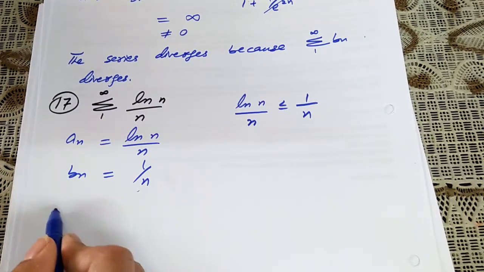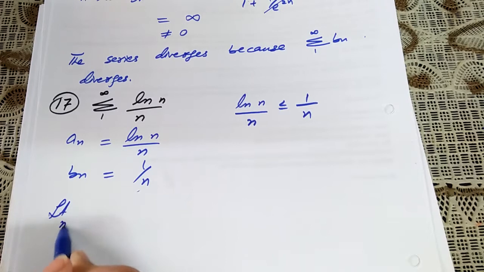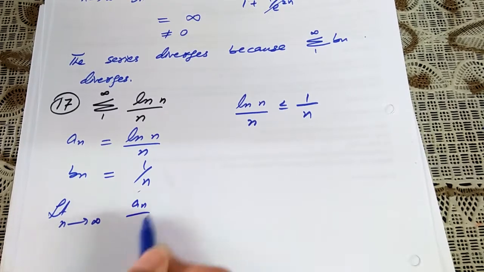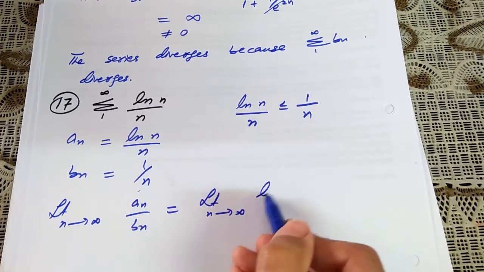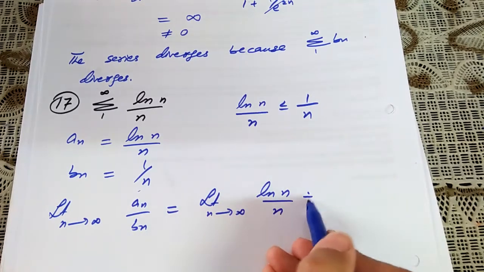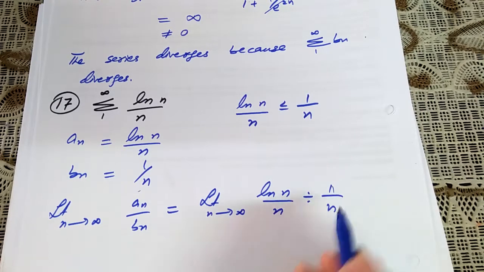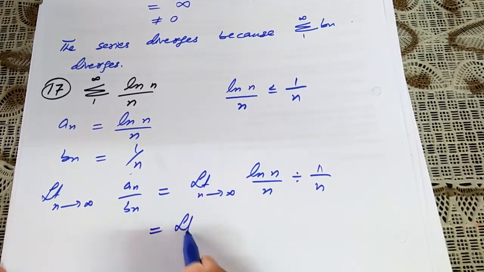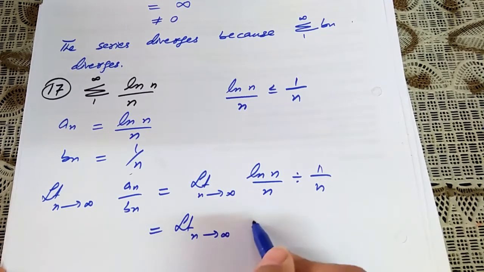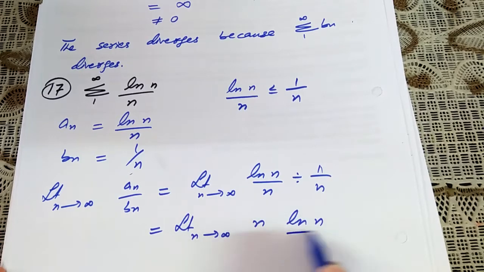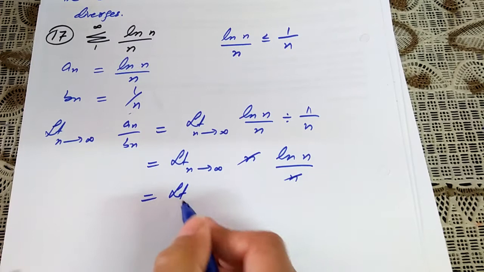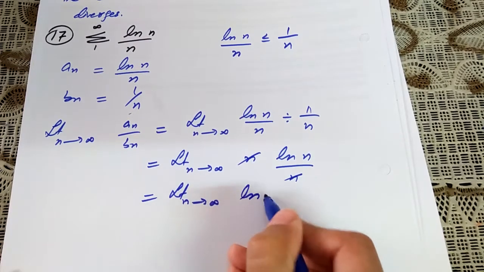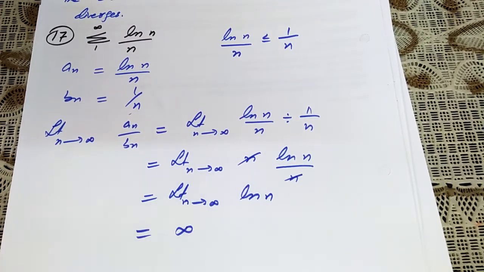Now for using the limit comparison test, limit n approaches infinity an over bn is equal to limit n approaches infinity, an is ln n over n divided by bn is 1 over n. So here we will get limit n approaches infinity n ln n over n. This will be cancelled. We'll get here limit n approaches infinity ln n, and that is undefined.